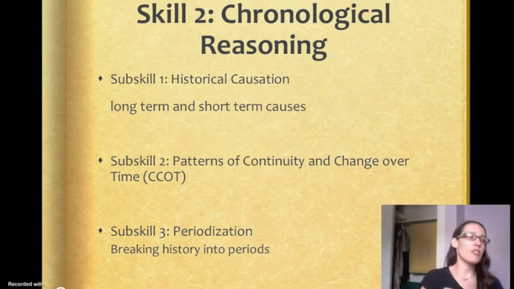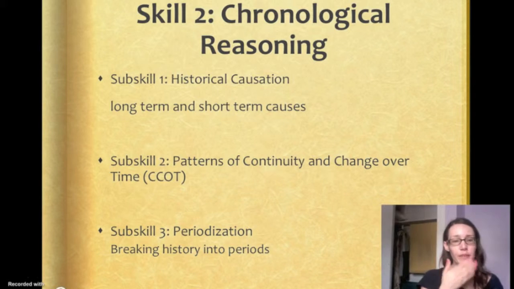Also with continuity and change, you need to consider what things have not changed as time goes on, right? So again, if you're talking about the Industrial Revolution, consider that certain socioeconomic groups maybe did not really experience as much of an improvement in their living standards, okay?